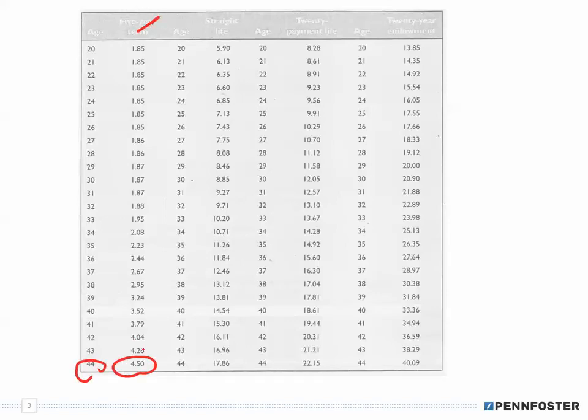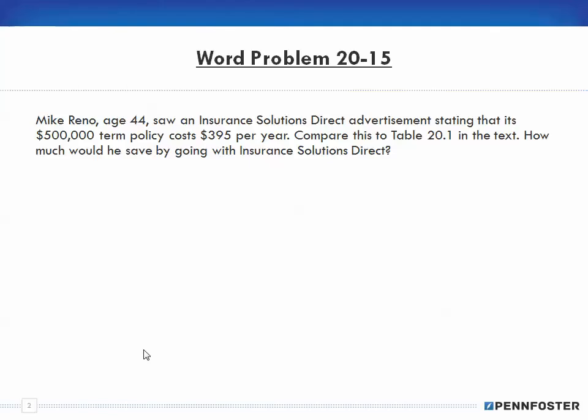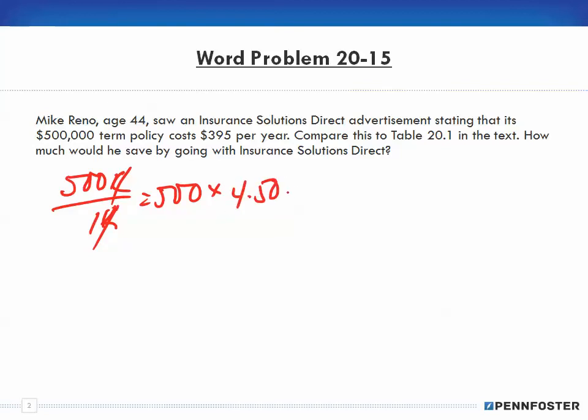So we're looking at 4.5. So we take the 500,000 and divide it by 1,000 because those tables are in thousands, so that gives us 500. And we multiply that by 4.5, and that means our annual premium is $2,250.